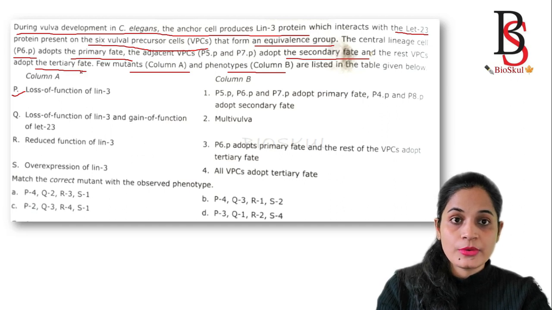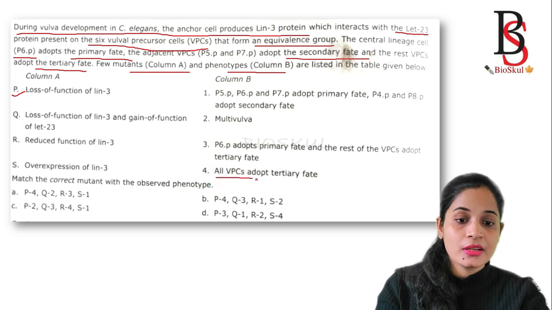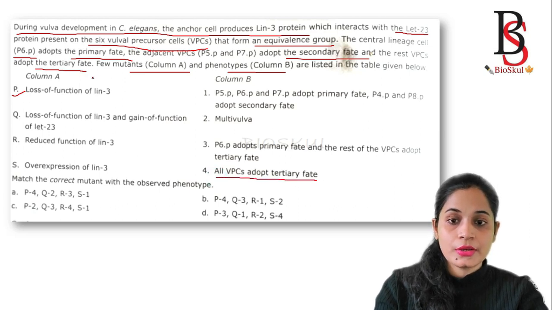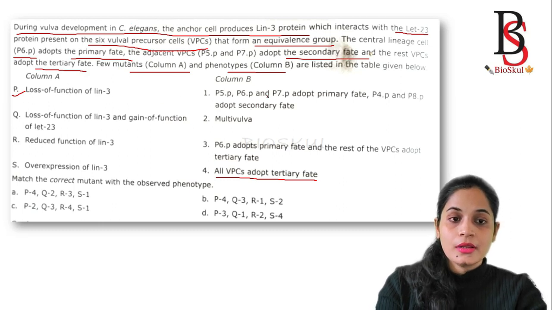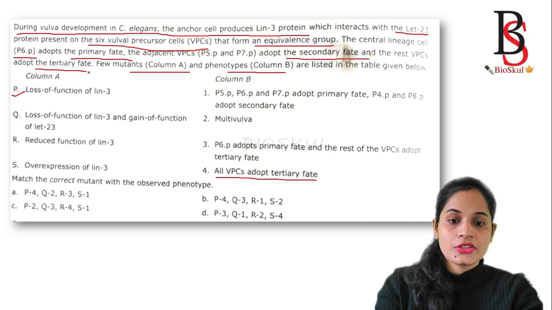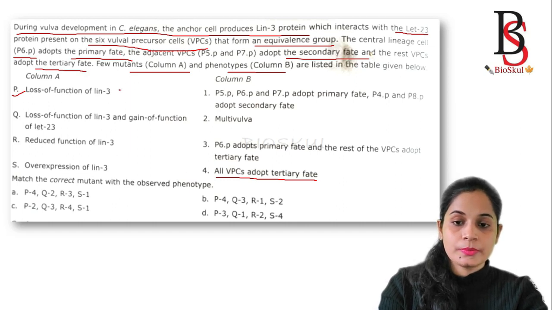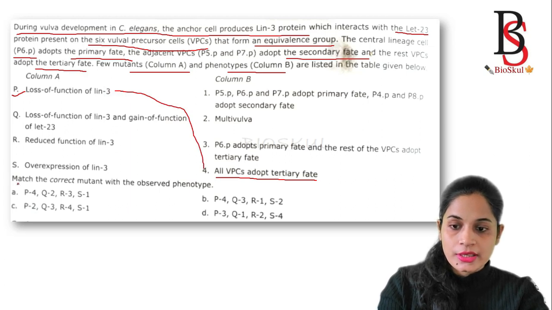There will be no formation of the vulval cells. So all the VPCs will adopt the tertiary fate, according to the question here. So the rest of the VPCs adopt the tertiary fate. So P is option 4. So the correct answer will be either option A or option B.